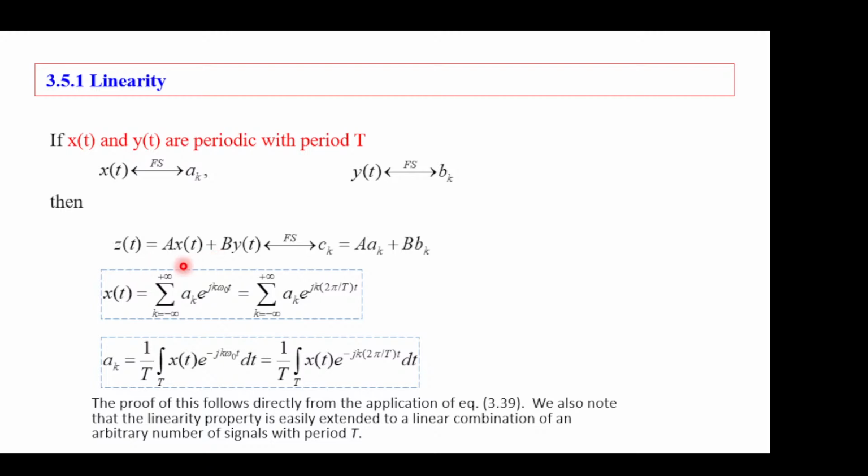So if you want to get the ak for a summation of different terms, you can just do that for the different terms separately and add them together, right?